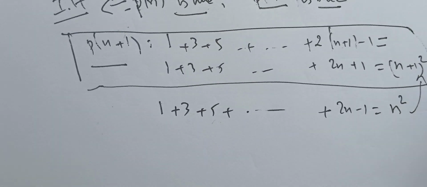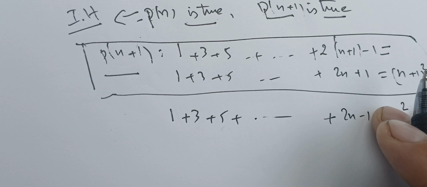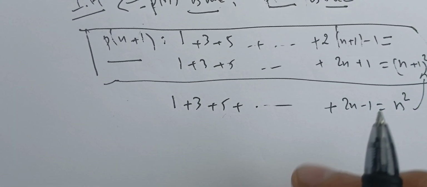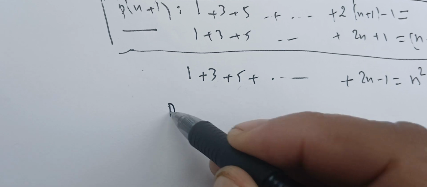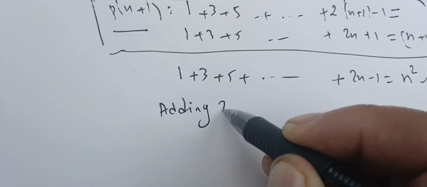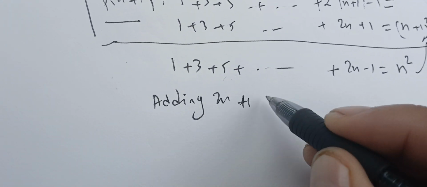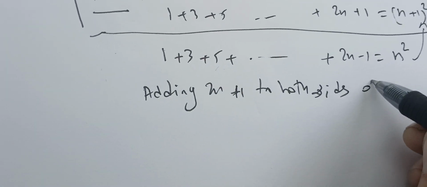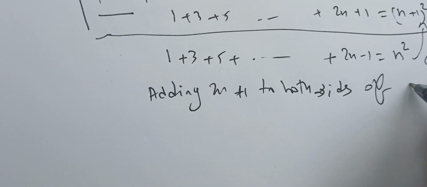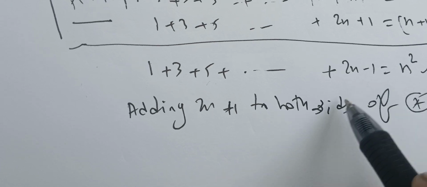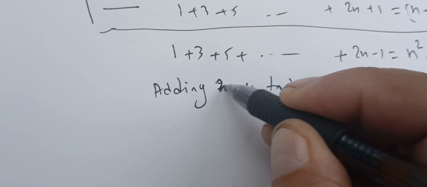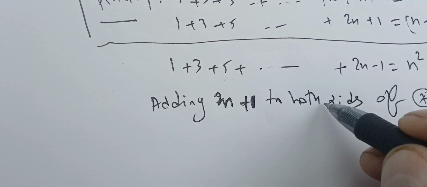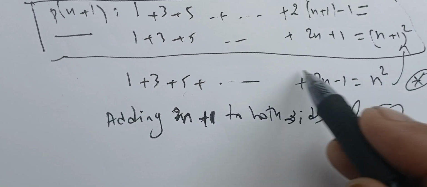So we know the addition. We can add numbers in N. This is in N, this is in N, so we can add numbers. So here we're going to say, add 2n plus 1 to both sides of, let's call this one star. Add 2n plus 1 to both sides of this star here.